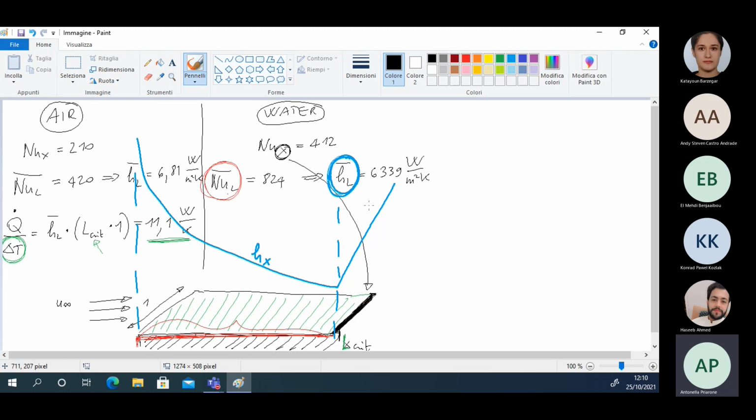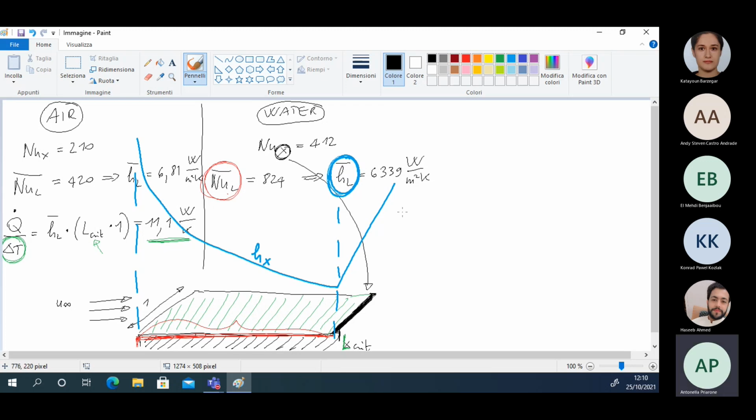And if you compare the value of the H coefficient for water and for air, it is much bigger in the case of water. Obviously, you can couple together the friction, so the pressure drop, and the transfer rate. In the case where I have higher transfer rate, I also have higher pressure drop.